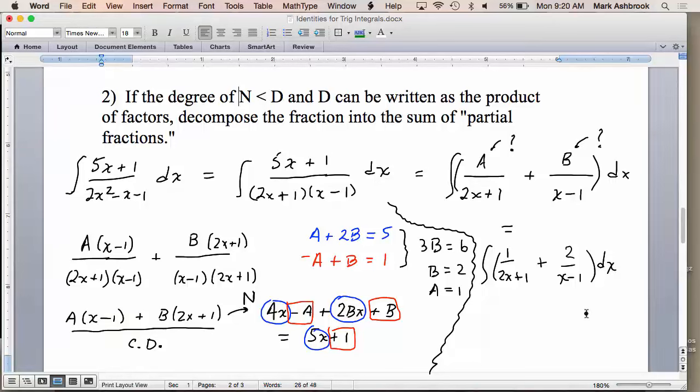And we're home free. Really easy now, right? The antiderivative of 1 over 2x plus 1 is the natural log of 2x plus 1, but by undoing the chain rule, we need 1/2, plus 2 times the natural log of x minus 1, and then either plus C if it's indefinite, or that whole thing from 4 to 20 like I originally had.